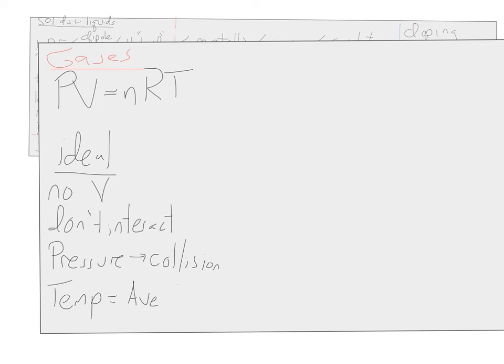Now, these things are correlated to speed and size of particles. There's all these other things, but temperature actually measures the kinetic energy. So if they all have the same energy, we often say that larger things move slower to have the same energy as a smaller thing moving faster, so we can compare speeds that way.